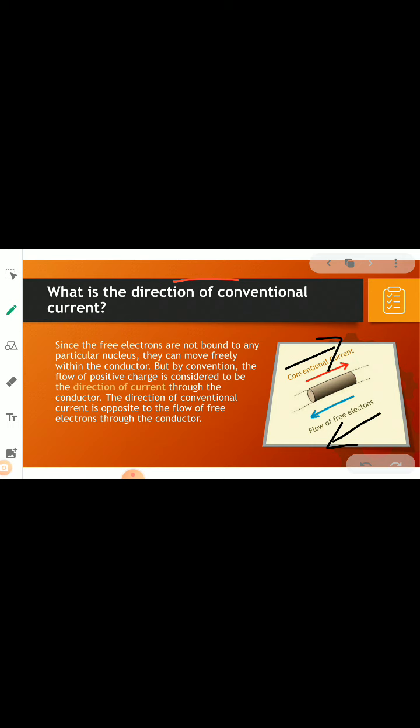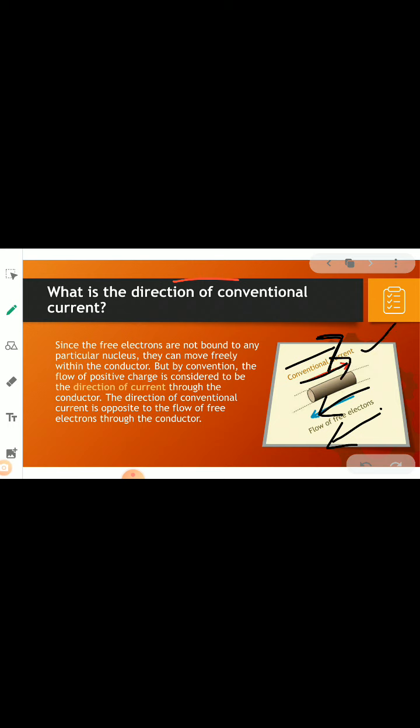Since the free electrons are not bound to any particular nucleus, they can move freely within the conductor. But by convention, the flow of positive charge is considered the direction of the current through the conductor. The direction of conventional current is opposite to the flow of free electron.